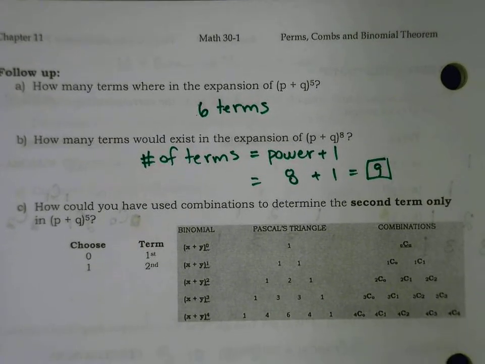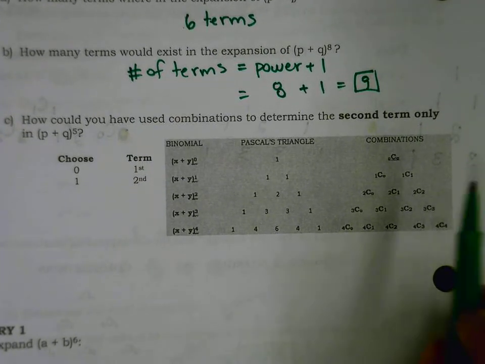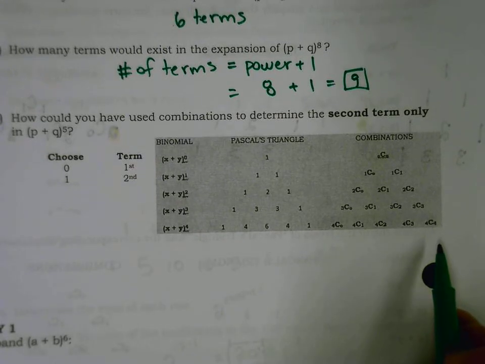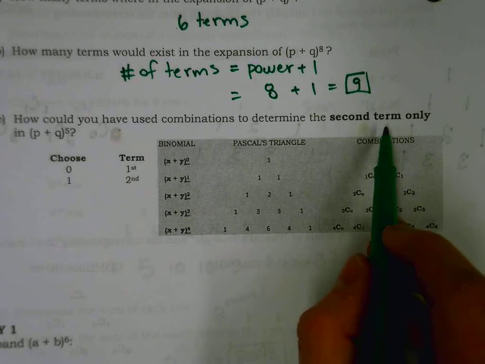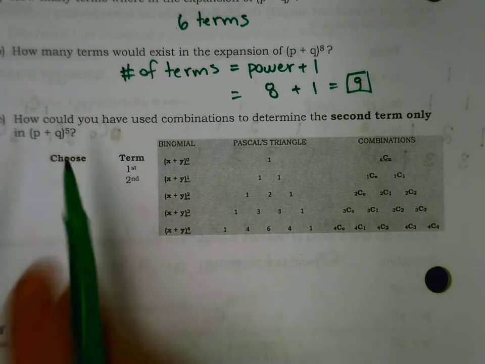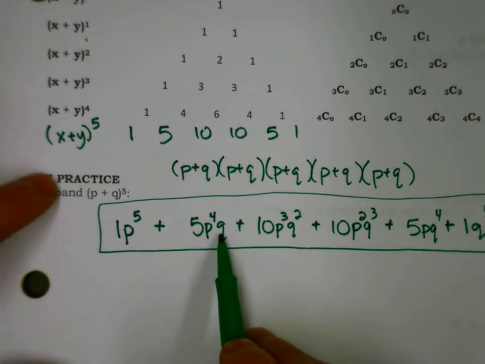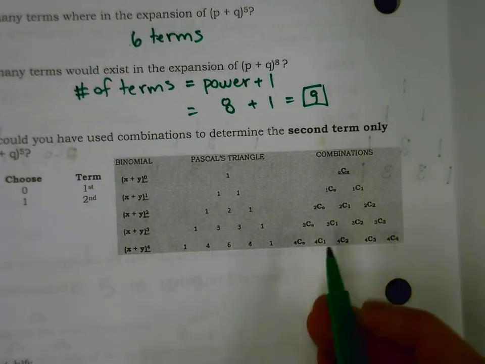So very specifically, we're going to now try to get into the use of combinations and how this right side can help us out. So here's another visual copied and pasted from the front page. How could you have used combinations to determine the second term only in (p + q) to the power of 5? How could we have got the second term, 5p to the 4q, without having Pascal's triangle drawn the entire way out?